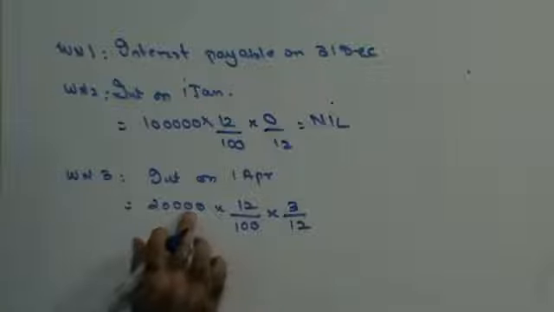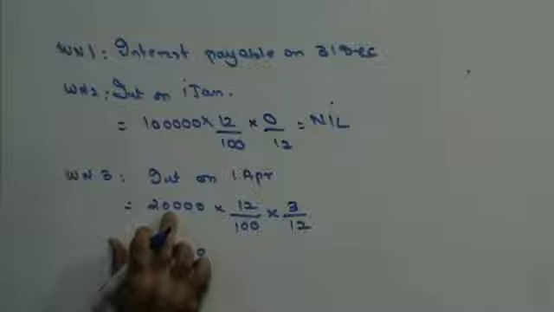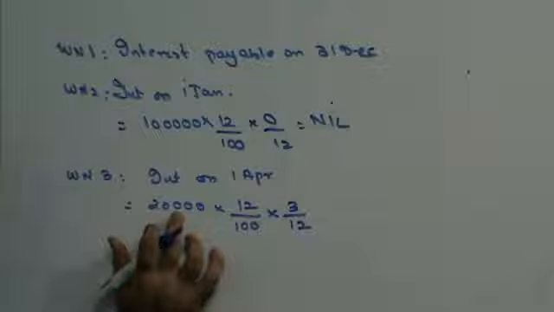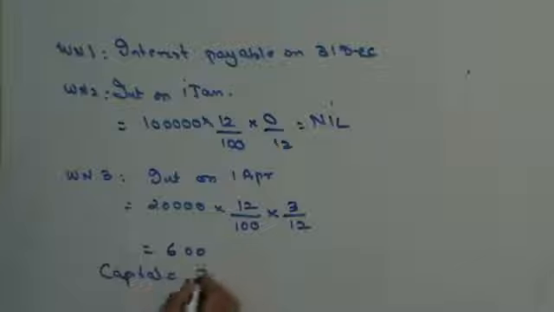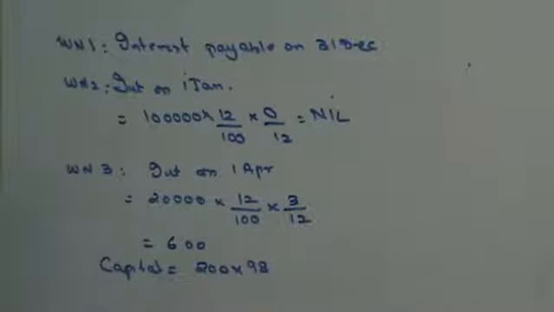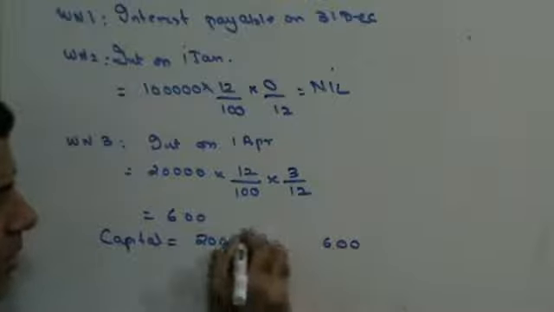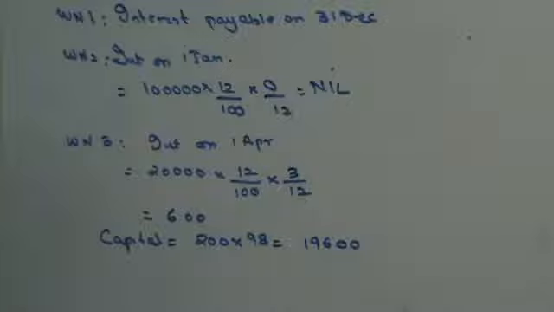Now, you have purchased 20,000 worth debentures. The face value of each debenture is 100 rupees. So the number of debentures that you purchased are 200. So in that case, I can say that for the capital value, I have purchased 200 debentures at 98. They are saying that the debentures are purchased at 98. So 200 times 98 is 19,600.